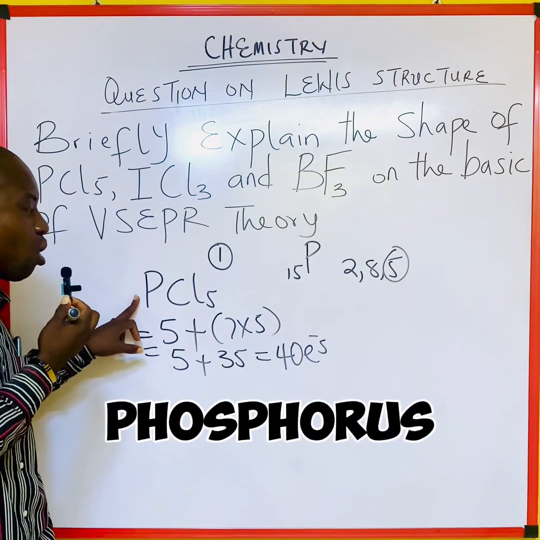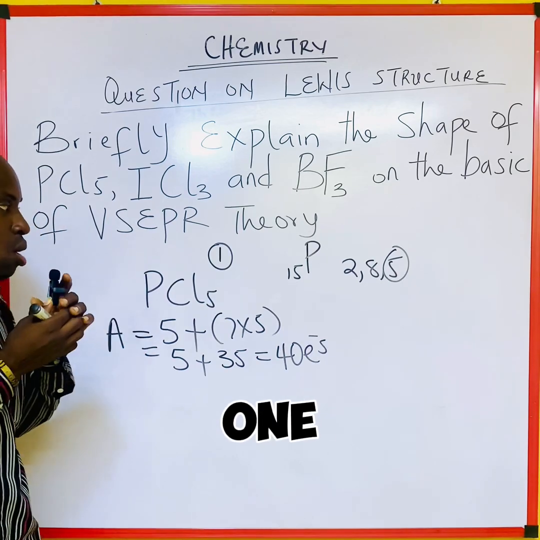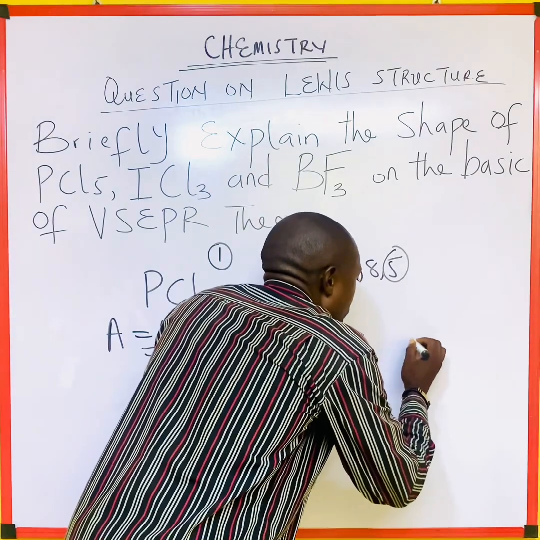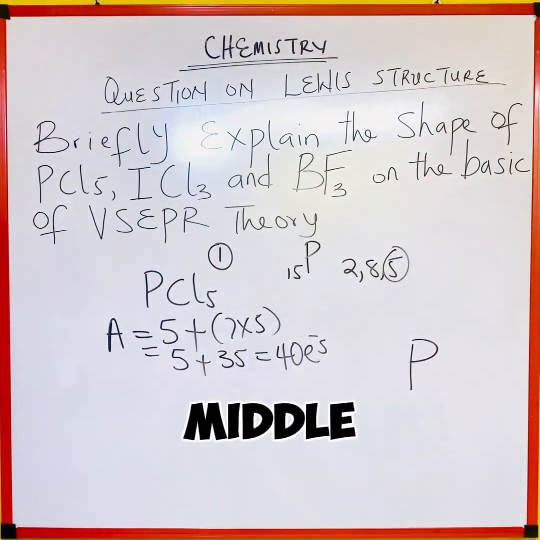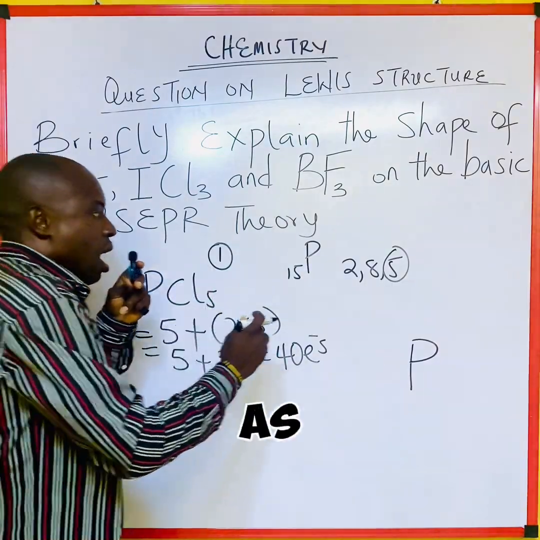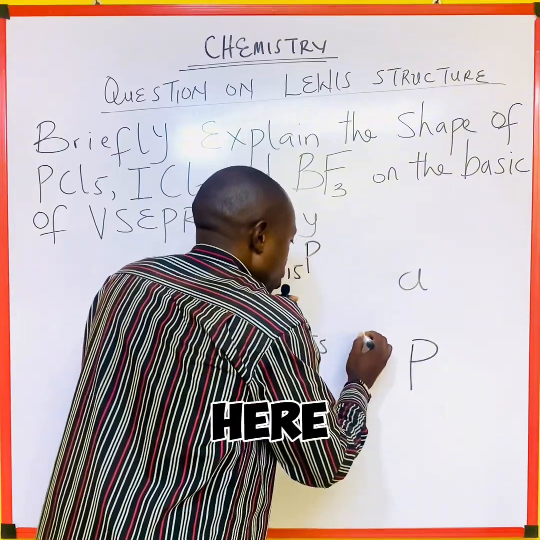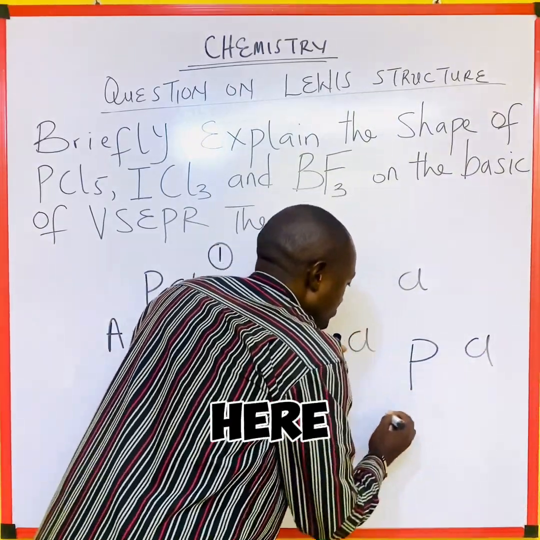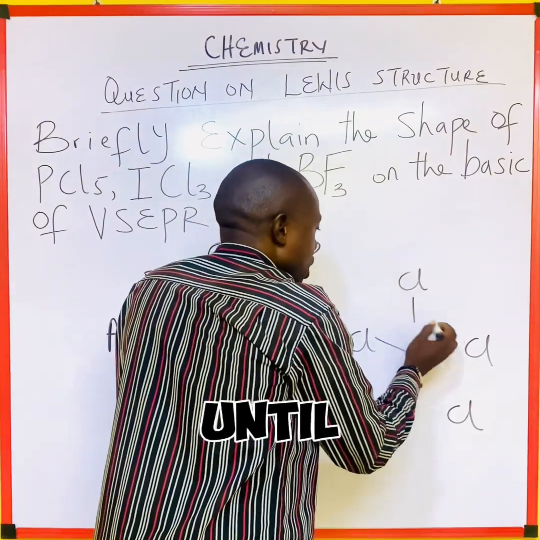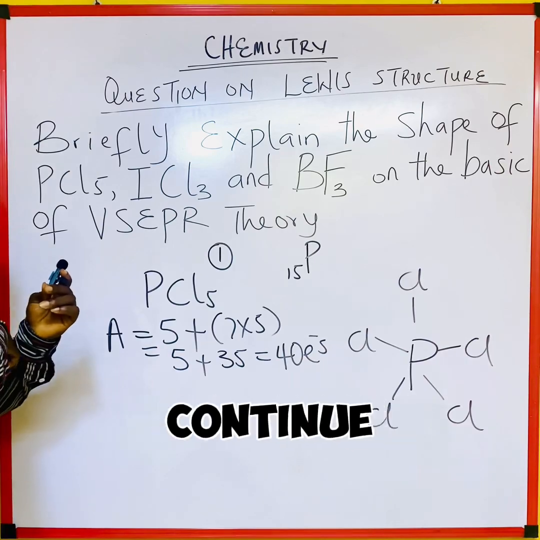So because phosphorus is fewer, it becomes the central element, which will be at the middle here. The other element will be spread across it. So we put chlorine here, here, here, until we see 5 chlorine.